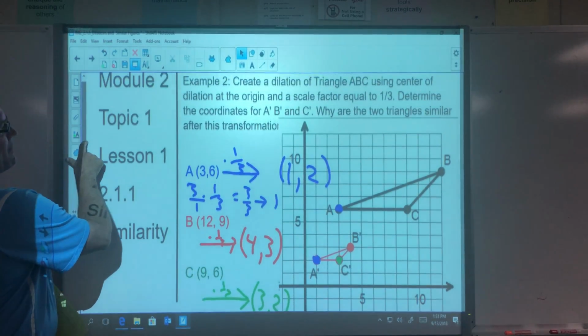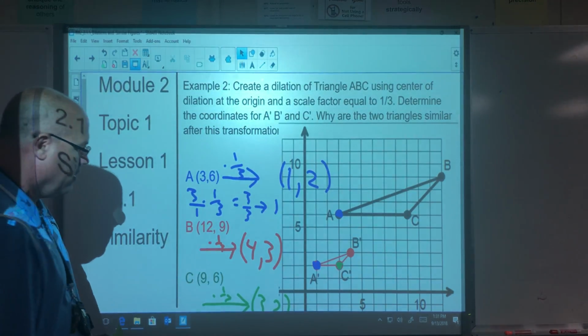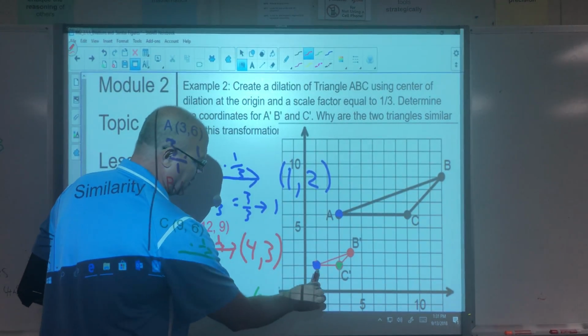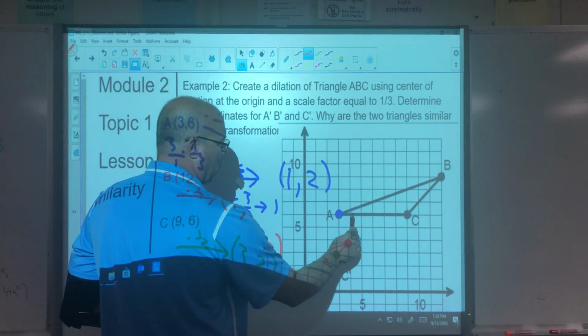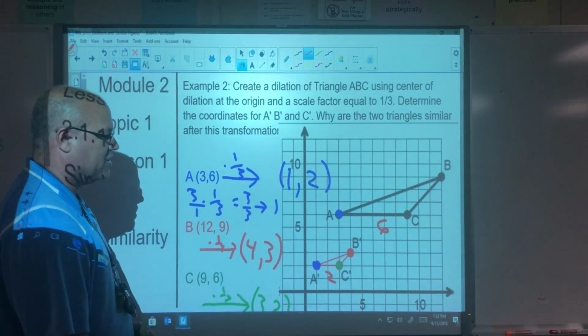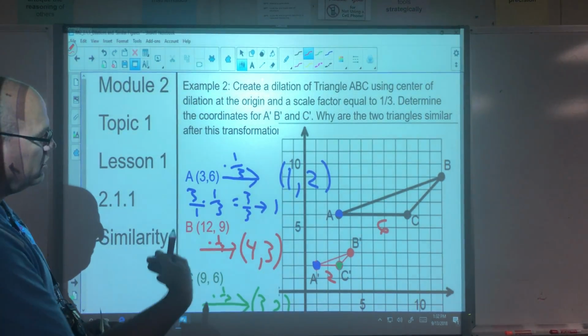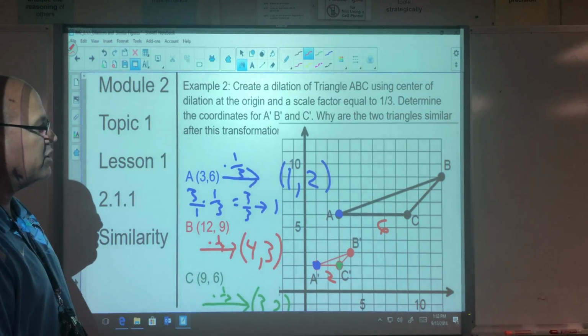Okay? If I was looking at these two figures and we said, oh, what's the ratio of similarity? Well, if I just look at this side, 1, 2, this side's 2. This side, 1, 2, 3, 4, 5, 6. And so it depends if you want to go large over small or small over large. You just got to be consistent.